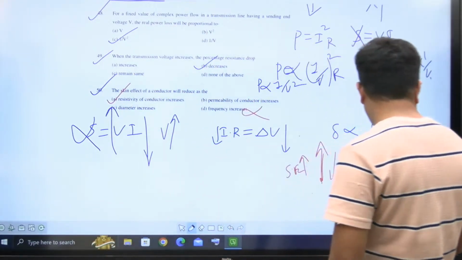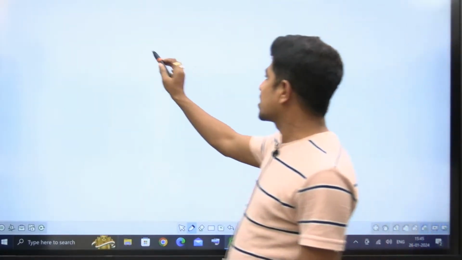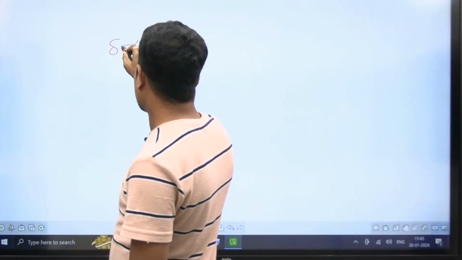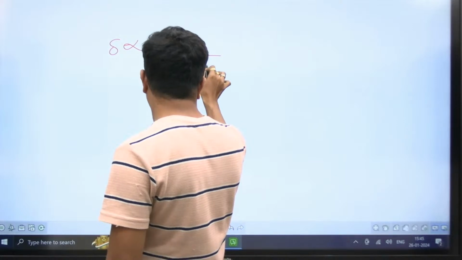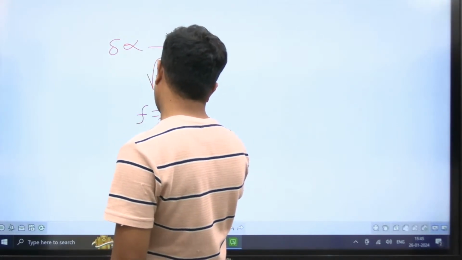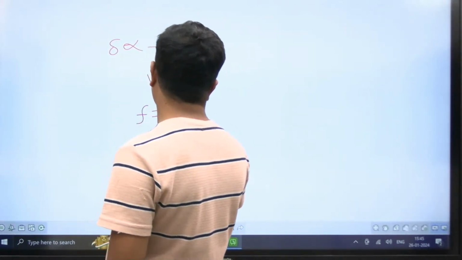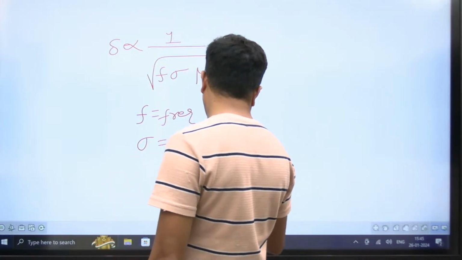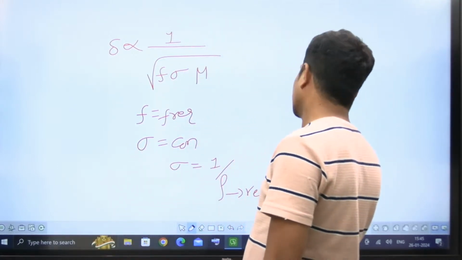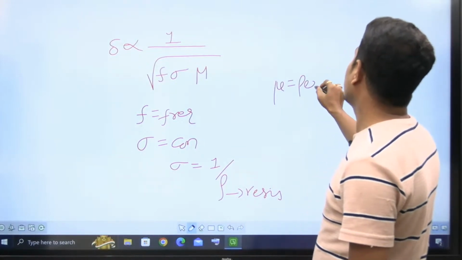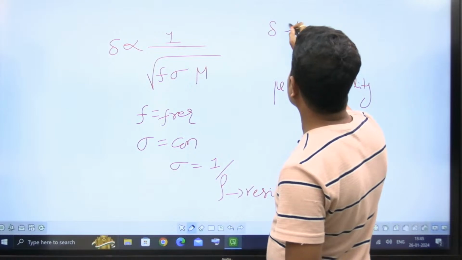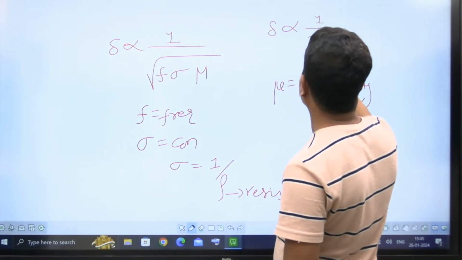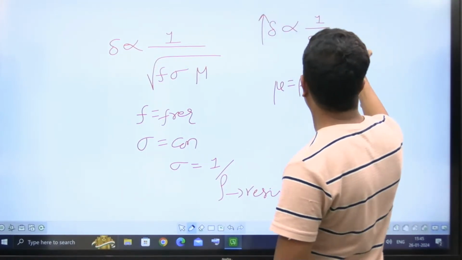Let me take one more time that explanation. Skin depth delta is directly proportional to 1 by under root of F sigma mu. F is frequency, sigma is conductivity, and sigma is reciprocal of rho, that is resistivity. Mu is permeability. And delta is inversely proportional to skin effect. If more is delta, less is skin effect.